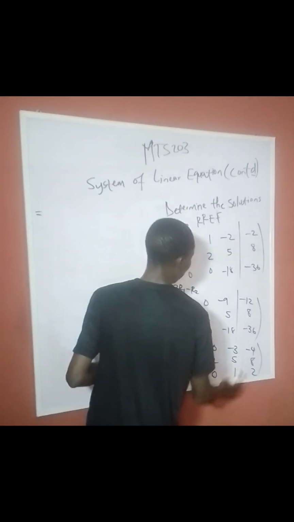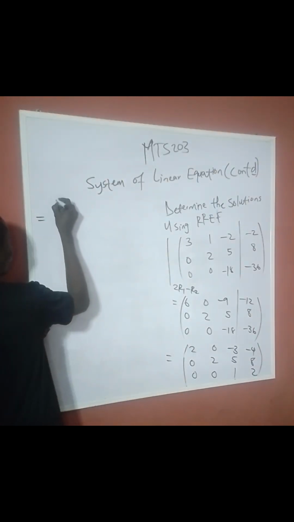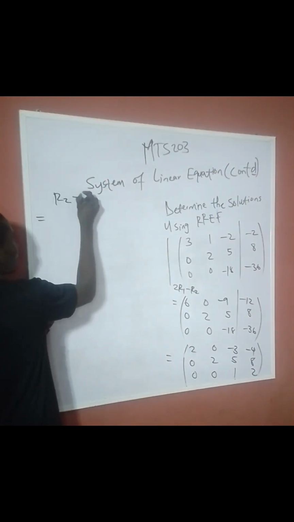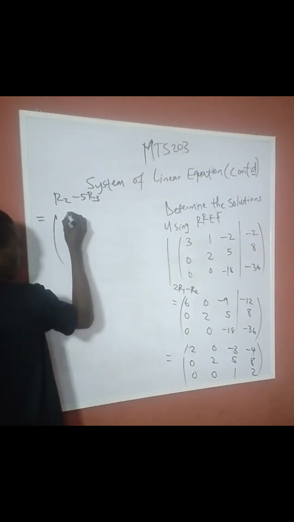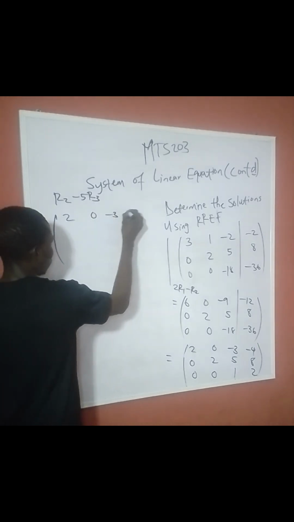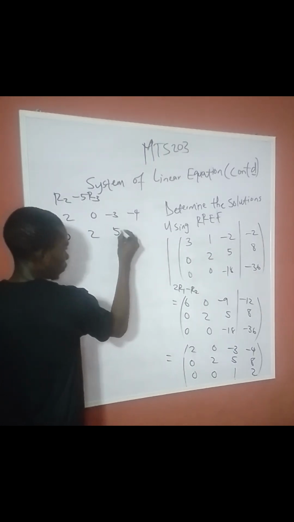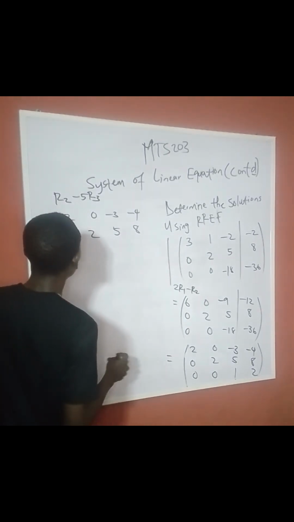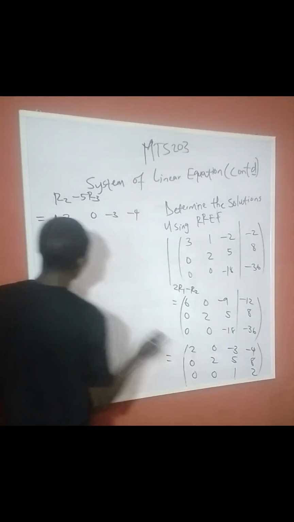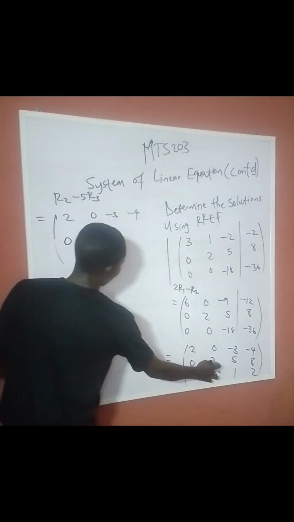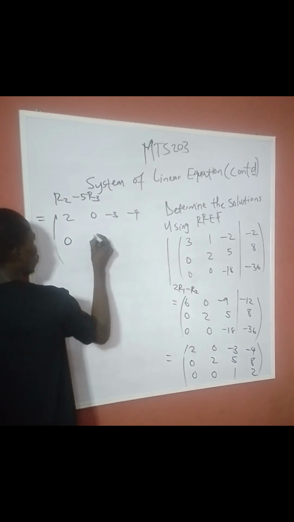So for me to reduce my 5, I just have to do row 2 minus 5 row 3. Let's implement that. Let me write my row 1: 2, 0, minus 3, minus 4. Now I want to reduce row 2. 0 minus 0 is 0. Then 2 minus 5 times 0 is 2.